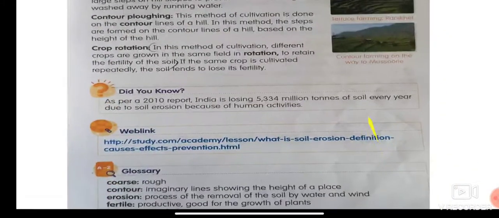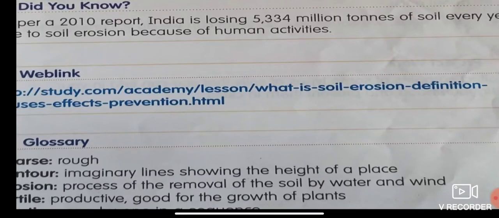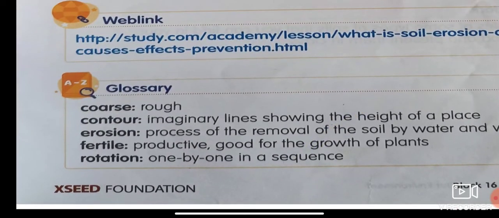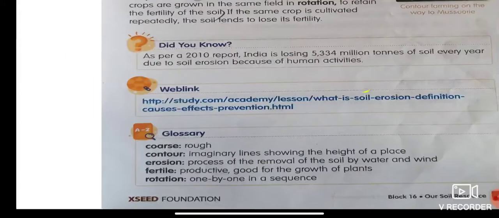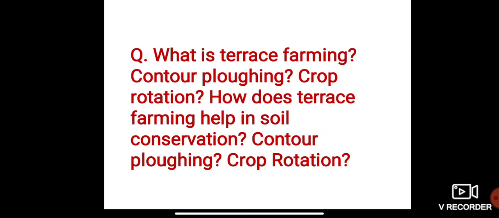You can also go through the glossary, the keywords: what is contour, what is erosion, fertile, rotation. I'm not going to read this for you. I want all of you to read your textbook yourselves.